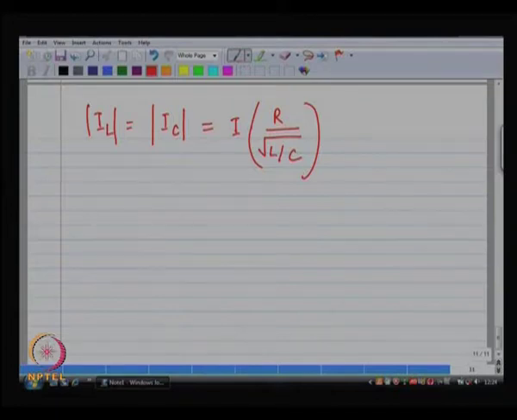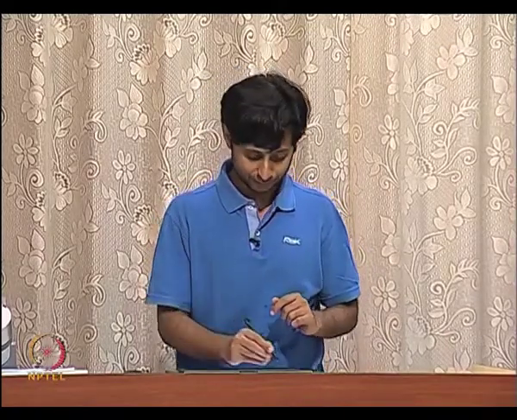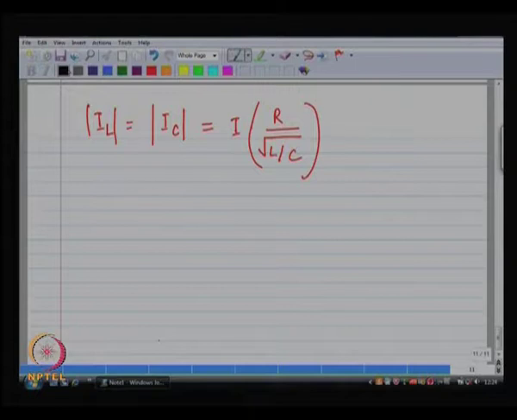Okay. This factor is defined as the quality factor. Actually, that is not the definition of the quality factor, but it so happens that we call this Q. Let us call this Q, all right. Now, this number can be anything.